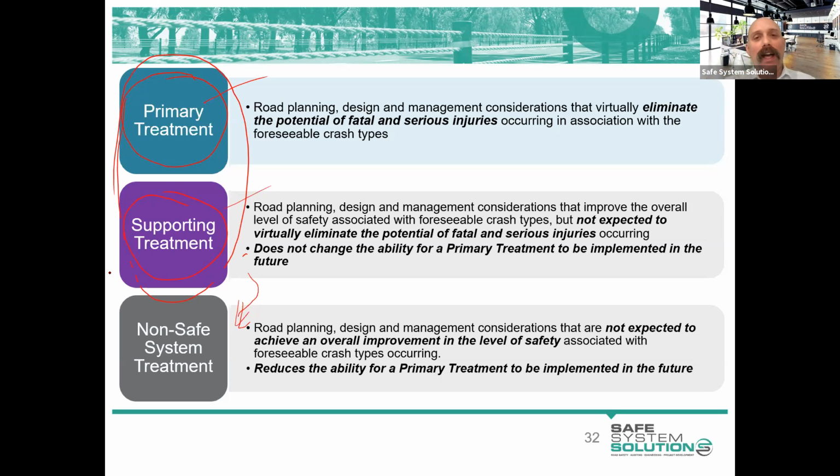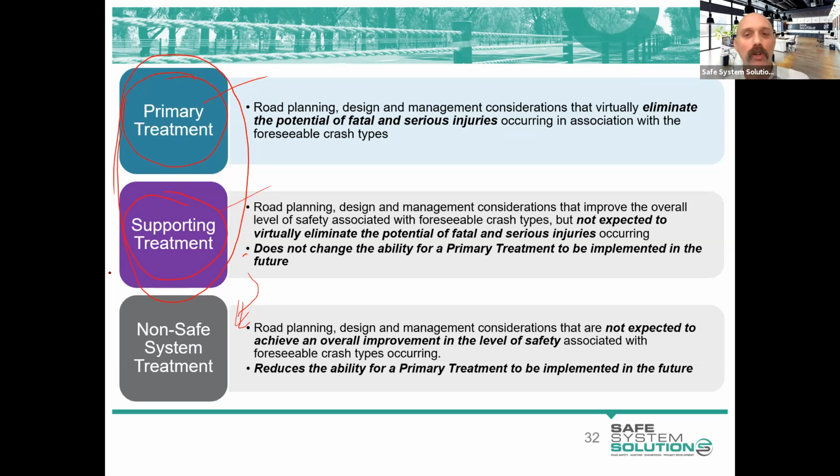And to aid you in that, the Austroads Safe System Assessment Framework has pages of treatments categorized by primary or supporting. So that should help you. You can actually go to that on page, I think it's 27 of the Safe System Assessment Framework. It starts there and it says, for runoff road crashes, here are some primary treatments, here are some supporting treatments.